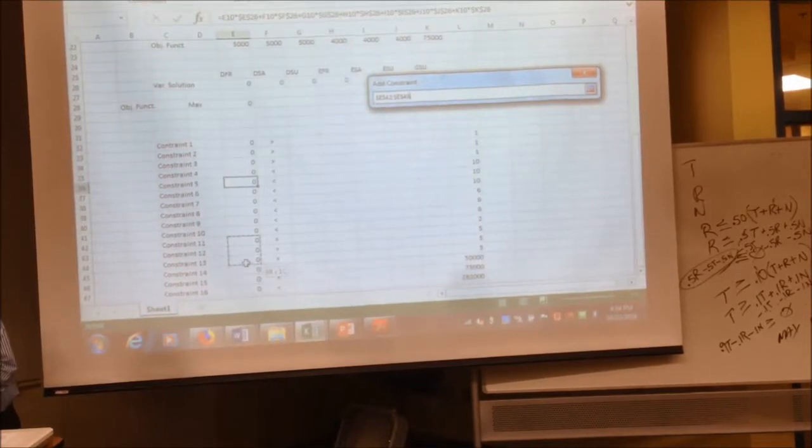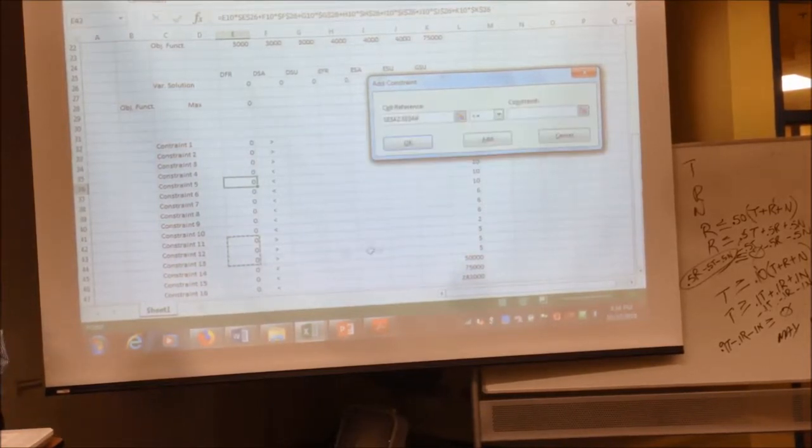And then it goes to less than. So 42 through 44, greater than or equal. On the right side, I'm going to go to 42 through 44, right there. All greater than or equal, is that correct? There's just 3 of them. And then I'm going to hit add. And we've got these last few.